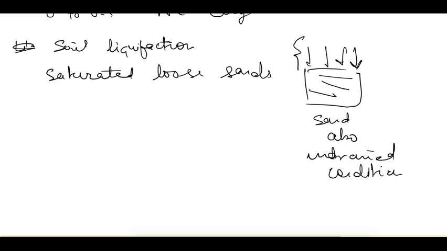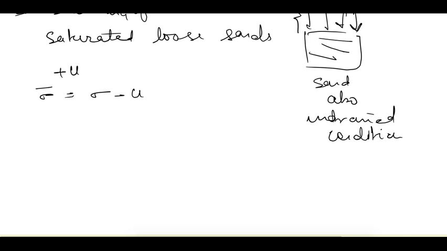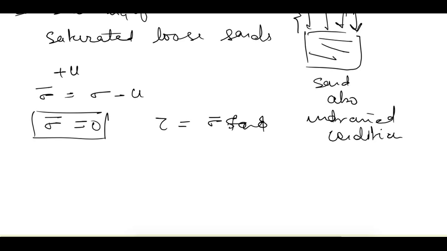So what happens if this rate of loading is very high? We know that for saturated loose sands, the pore water pressure will be positive, so the effective stress will decrease. And if this rate of loading is very high, then there may be a case when effective stress reduces to zero. And we know that in case of sand, shear strength is a function of effective stress, and there is no cohesion because cohesion is zero for sands.